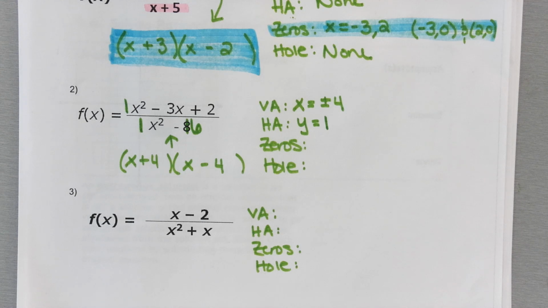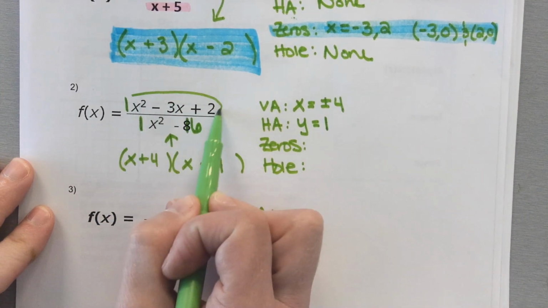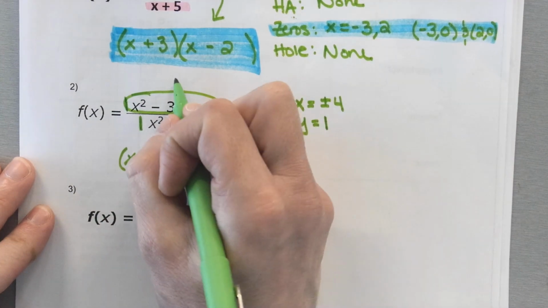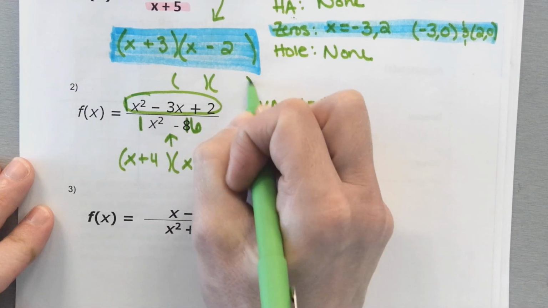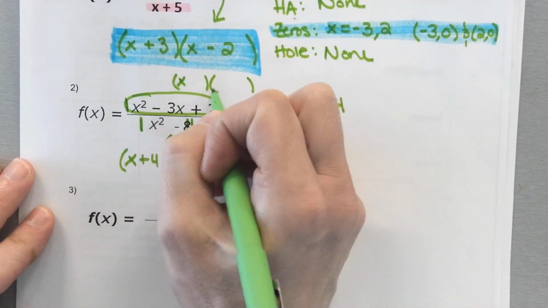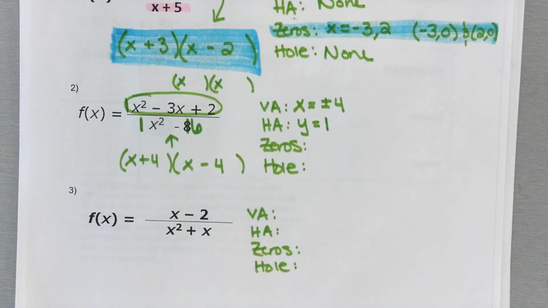Make sure your horizontal always has y equal. And honestly, for the zeros, you don't need to write x equals. You could just write what they are. Let's look at the numerator for our zeros. So 2 sets of parentheses. I'm going to factor. X times x is x squared. What multiplies to positive 2 but will subtract to negative 3?